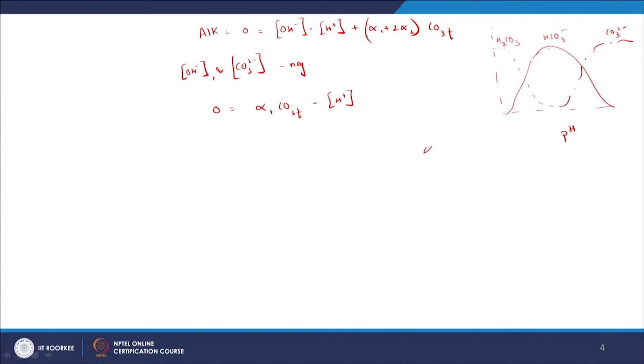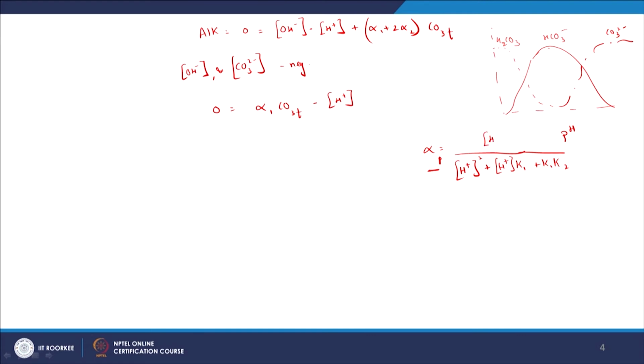And what is alpha 1 here? Let me try to write down alpha naught in the first case. The denominator will be equal to H plus square plus H plus into K1 plus K1 K2, the equilibrium constants. Now that I have written down the denominator, I can write down alpha 1.